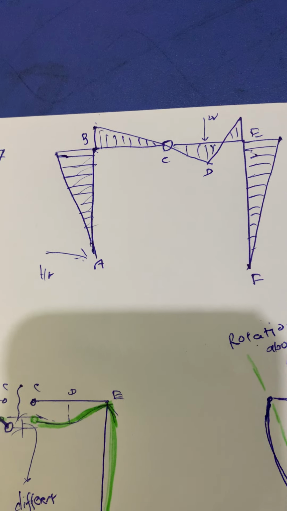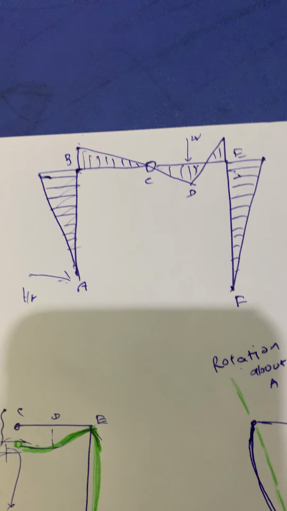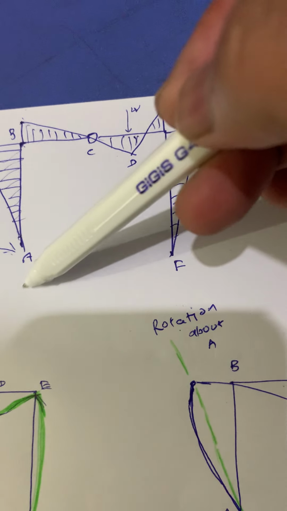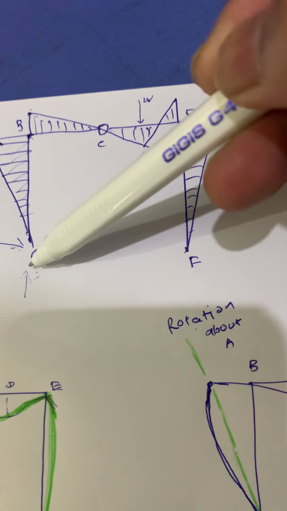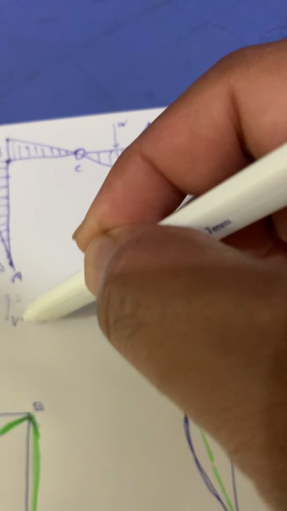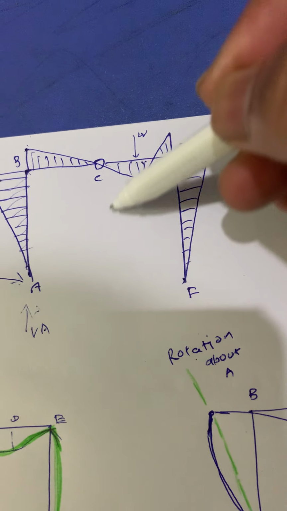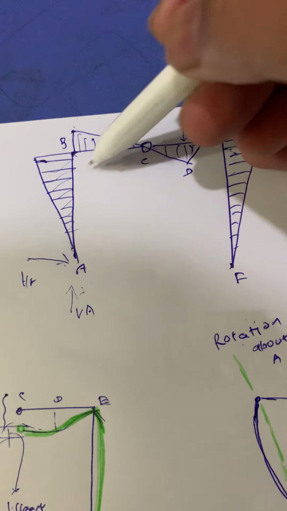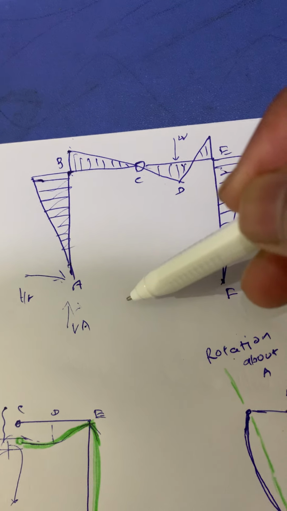However, if we move from B towards C, because of this vertical reaction VA, it is causing clockwise moment. HA is causing anti-clockwise, VA is causing clockwise.